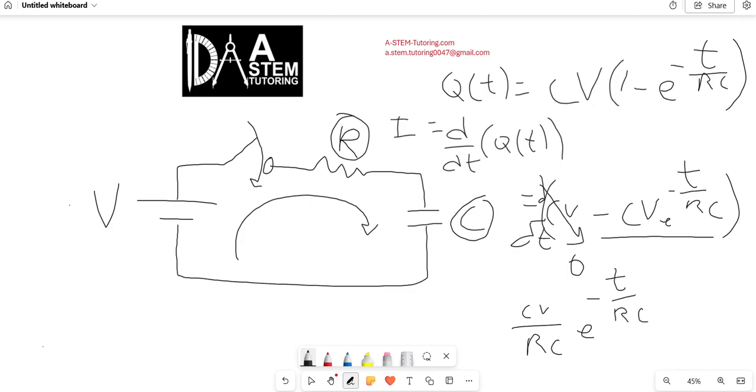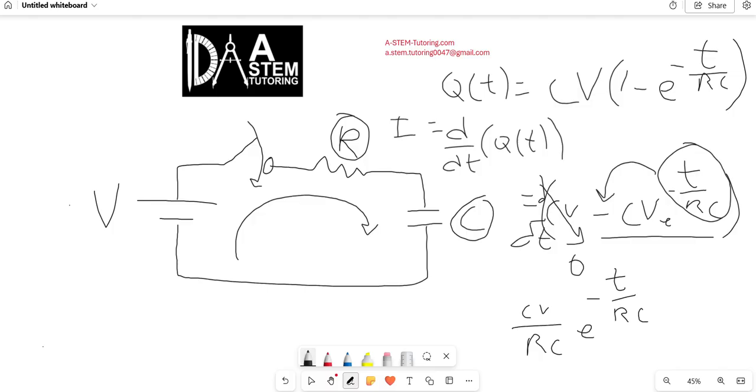How did I get this? Well, the coefficient of t here, negative 1 over RC, comes out and gets multiplied by the leading coefficient. Negative times the negative is a positive, so the leading coefficient becomes CV over RC, and then we still have e to the negative t over RC.